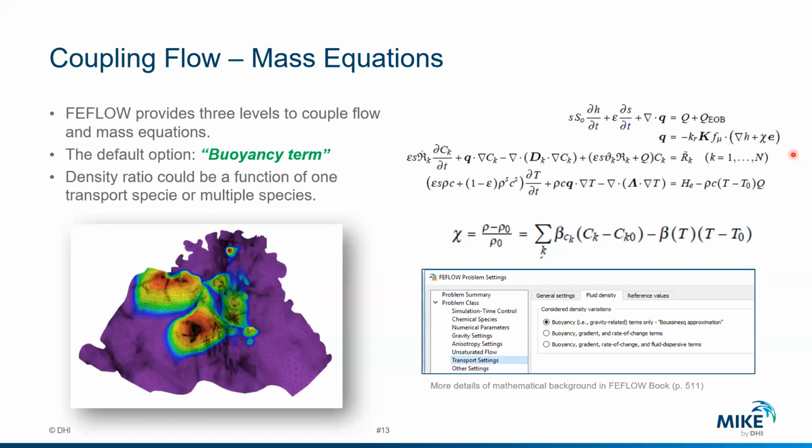Okay, I have a system simulating chloride and maybe sodium or magnesium or any other ion. You can tell FEFLOW to look at the concentration of each of these individual species, sum up the mass, and use this mass to update the changes of density. That is also supported and is referred to here as a density ratio depending on multiple species.